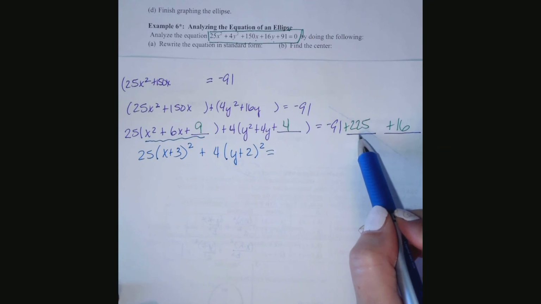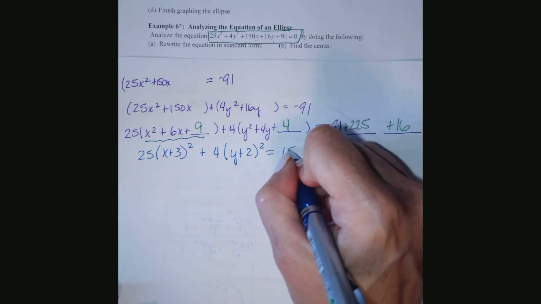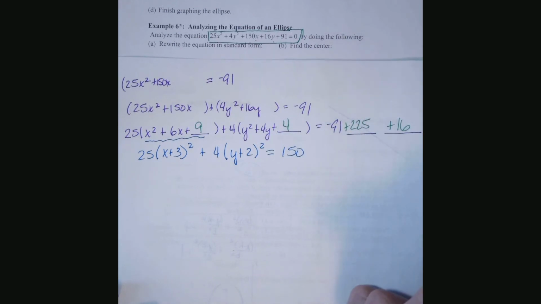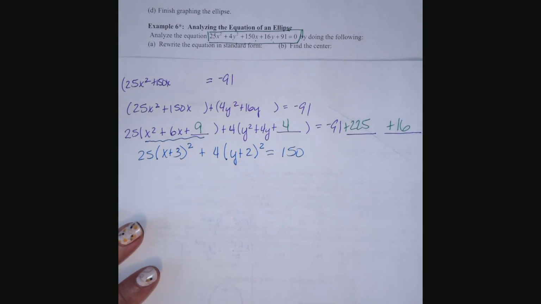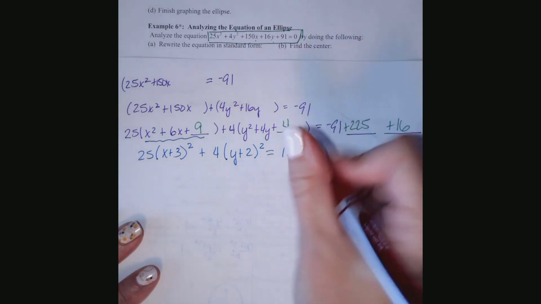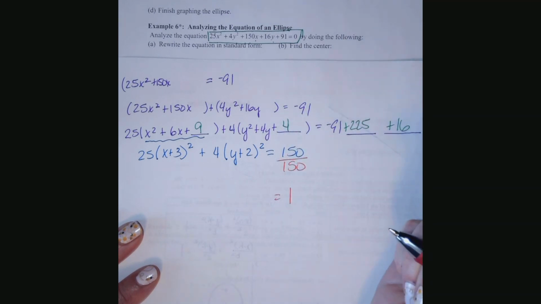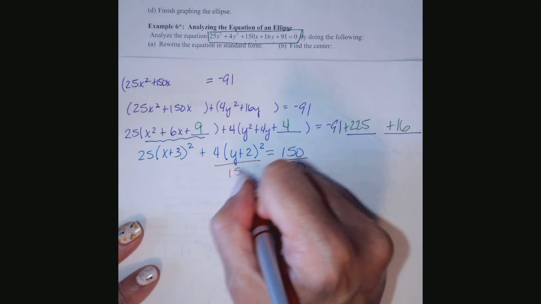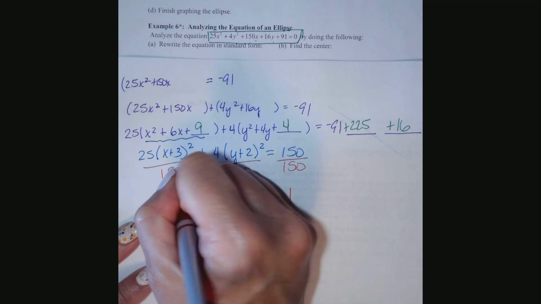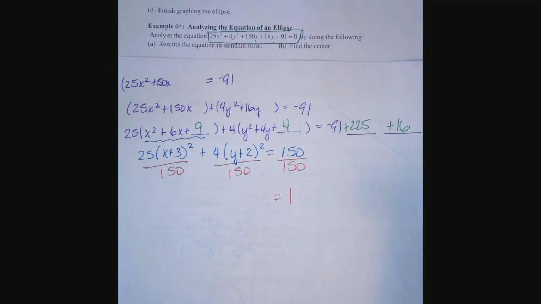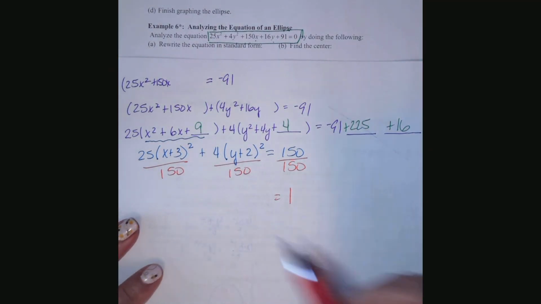When I combine that, I get 150. Okay, I have completed the square. I need to set it equal to 1, and I'm going to do that by dividing by this 150, because that gives me 1 over here on the right. So I divide by 150 here, and I divide by 150 here, and now having those coefficients out front helps me.